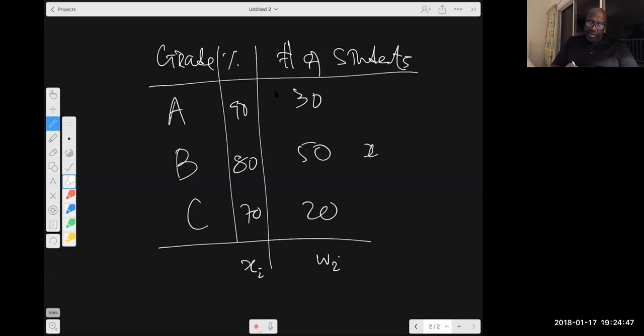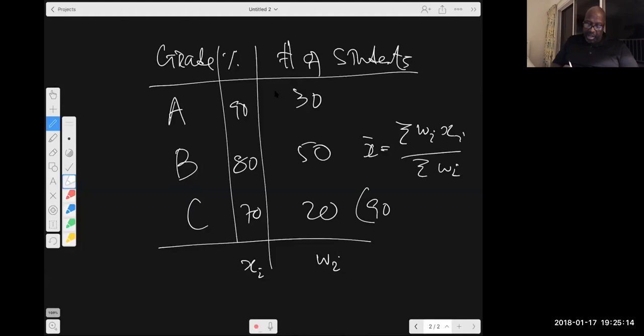So my average grade would be the sum of the weights times their corresponding value divided by the sum of the weights. In that case, I would have to take the 90. In other words, 30 people had a 90. So if I multiply the 90 by 30, I'm adding up the total number of marks.